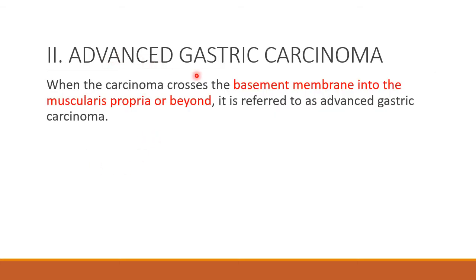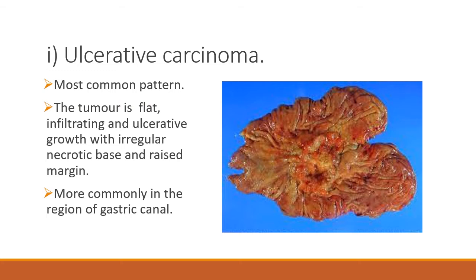Then advanced gastric carcinoma means when this carcinoma crosses the basement membrane into the muscularis propria or beyond. So it is referred to as advanced gastric carcinoma. And the types: first is the ulcerative carcinoma. This is the most common pattern, and the tumor grossly shows flat, infiltrating and ulcerative growth with an irregular necrotic base and raised margins, and more commonly it occurs in the region of the gastric canal.